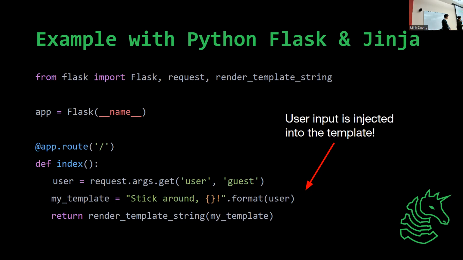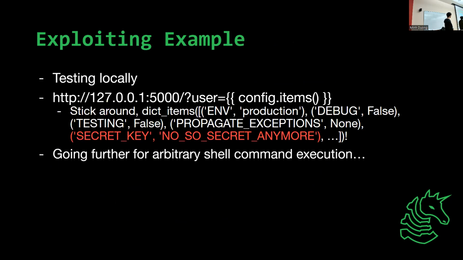On the next slide, you can send in some Python templating code as I showed before. In this case, we're trying to print out the config items, and if you test it out locally, it actually prints out this. As you can see, it's almost like you're printing out config items in your home terminal. And you can see that Flask stores secret keys as a config variable.